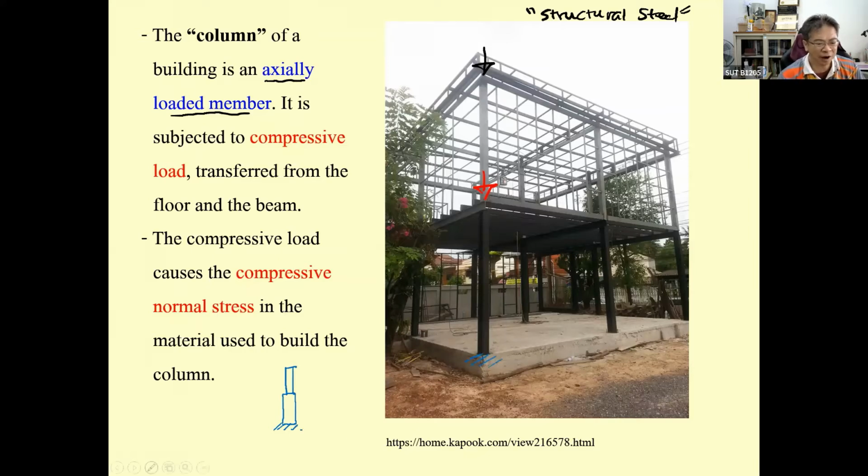And then on the top, you can estimate the force from the roof. That's maybe P1 equal to 10 kilonewton. And then for the second floor, most of the time the force is going to be larger than the force transferred from the roof, because the second floor is where we live.